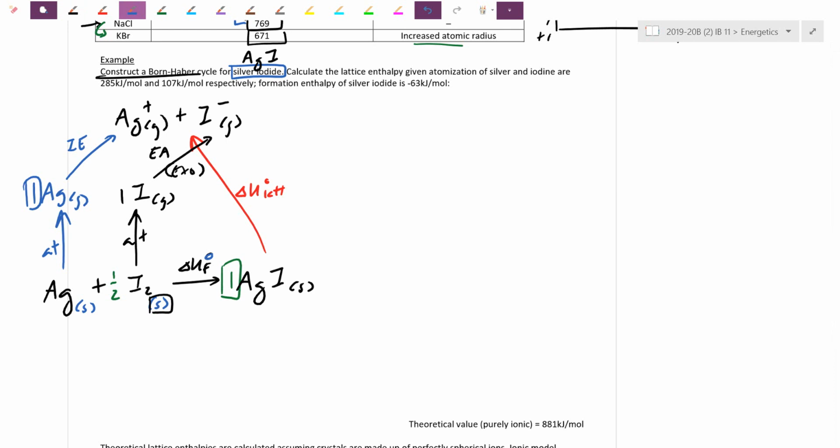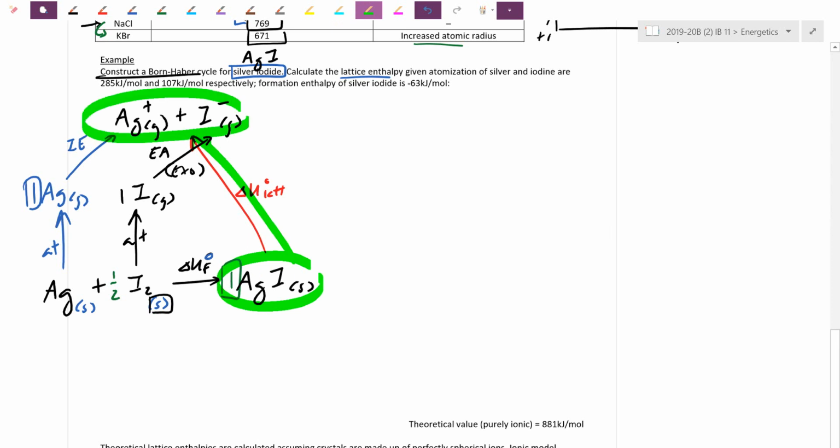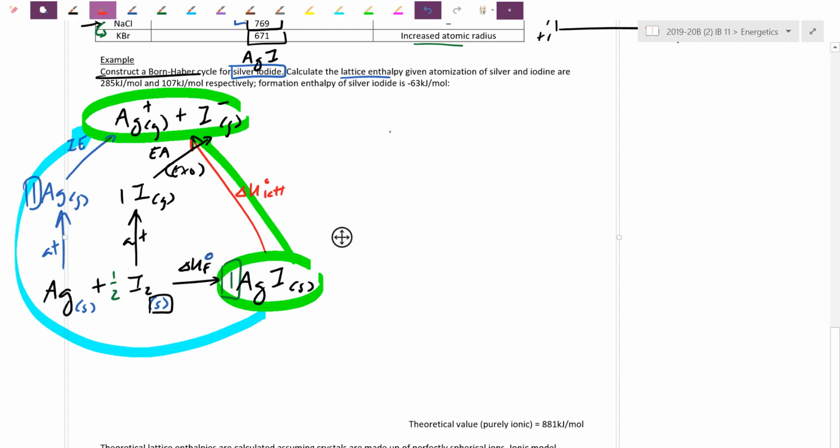In this case here, they are interested in calculating the lattice enthalpy. So Hess's law says, I'm interested in going from here to here. That's my start, that's my finish. What I can do is go this way around the cycle. So let me just write that out as a formula here. The delta H of the lattice, that's the one that I want, the one that I've highlighted in green. To get from that start to that finish, I would have to flip the formation arrow, minus the formation.